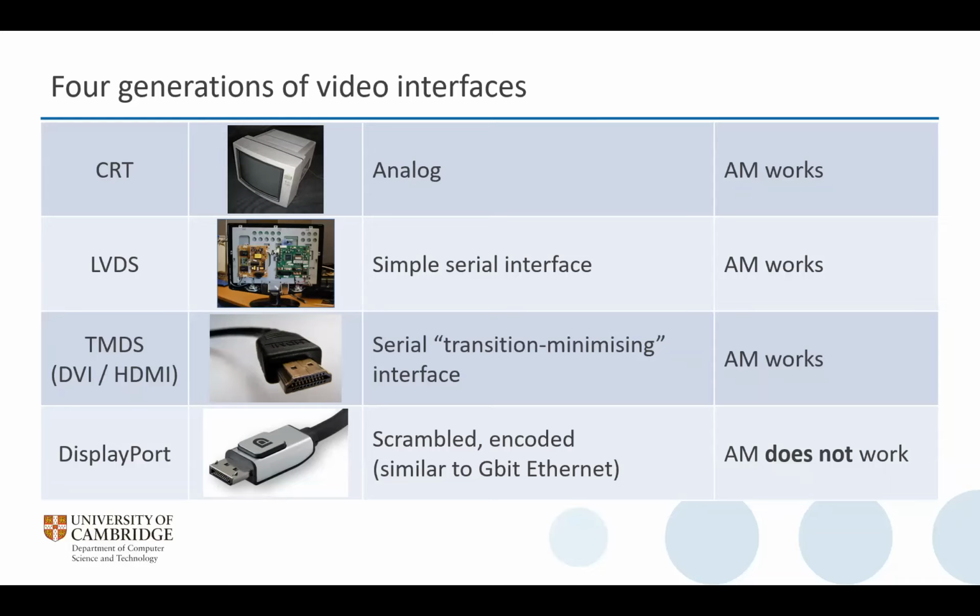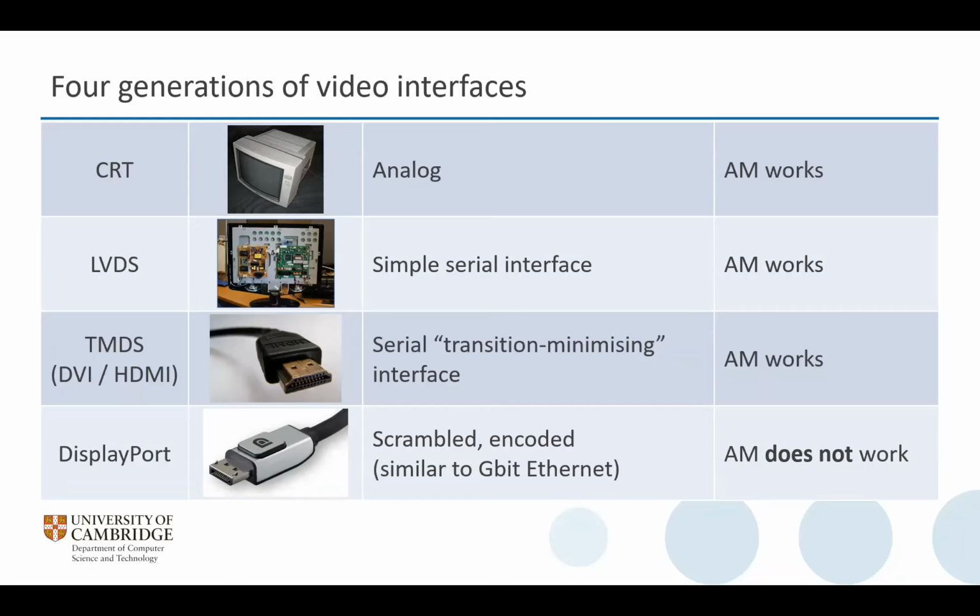After that, we have two newer generations of digital interfaces, LVDS, which is the sort of thing that you might see, say, as an internal interface in a TV, which is basically just a simple serial interface carrying the information about the image. And after that, DVI and HDMI, which are fairly similar but have an additional encoding step. And for all of these, if you amplitude demodulate the signal, you can reconstruct the image.